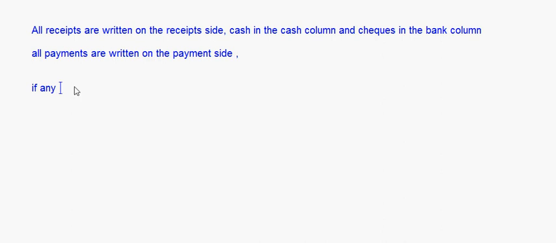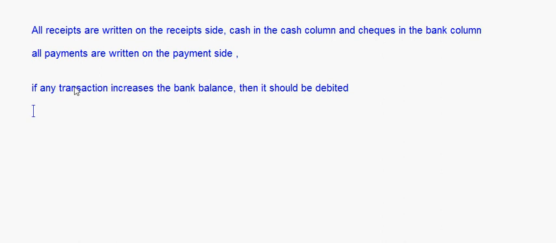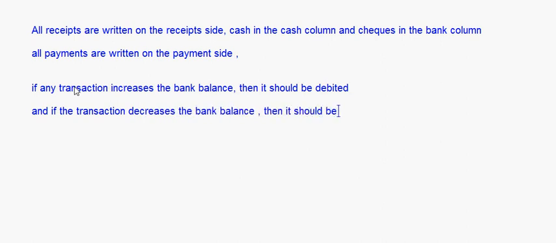So this is something important you should remember. If any transaction increases the bank balance, then it should be debited, and if the transaction decreases the bank balance, then it should be credited, right?